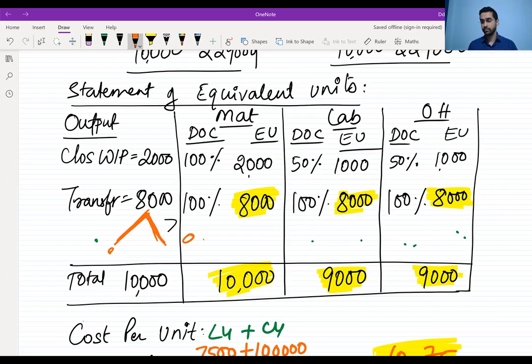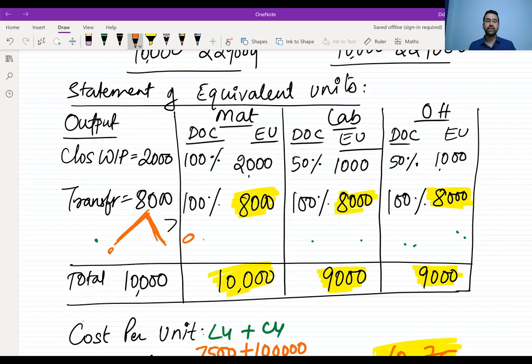Please understand, in some factories the production process is so complex that it is practically difficult for them to identify the correct DOC. Easy processes you can understand. For example, to stitch a shirt, if I need 2 days, and I started on 31st March, and on 1st April end of the day I'm completing, then as on 31st March, out of 2 days of work, 1 day work is done.